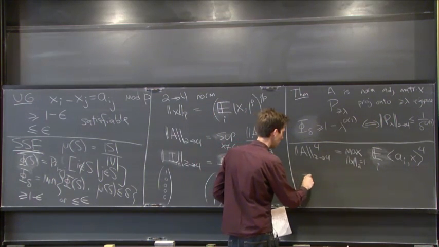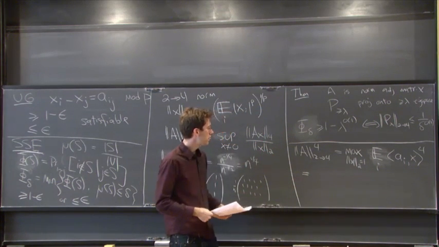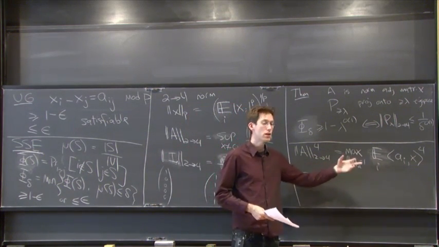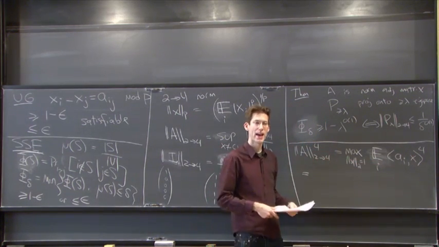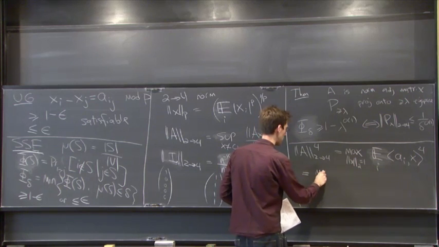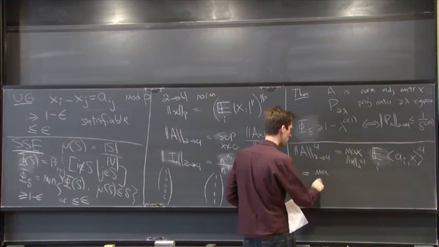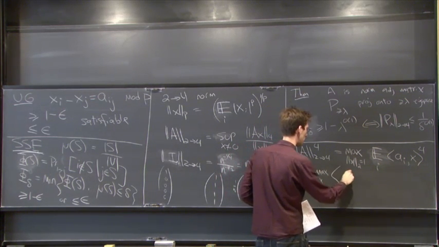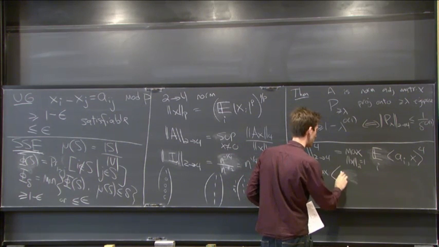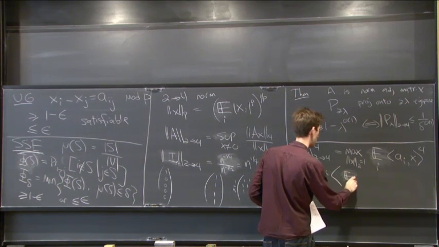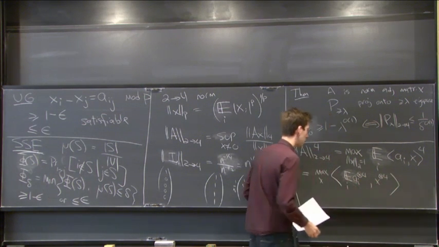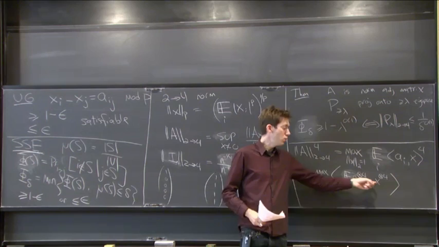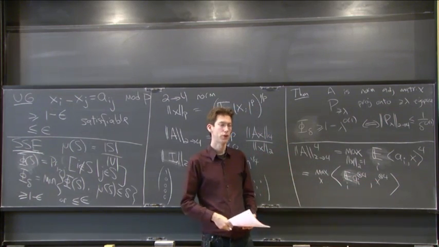And this we can think of as a degree 4 polynomial in the entries of x. One way to write this is to say maximum over x, the inner product between two vectors of length n to the 4.